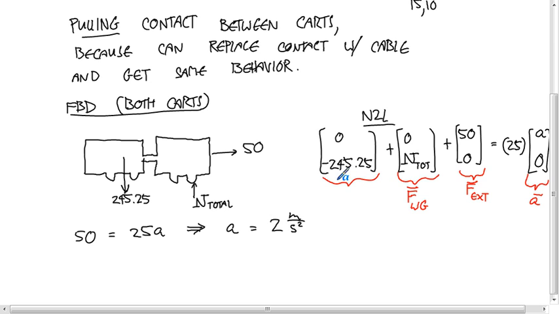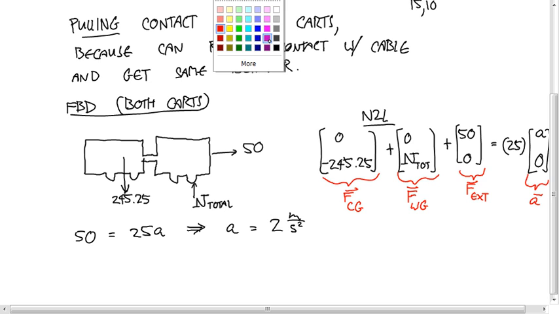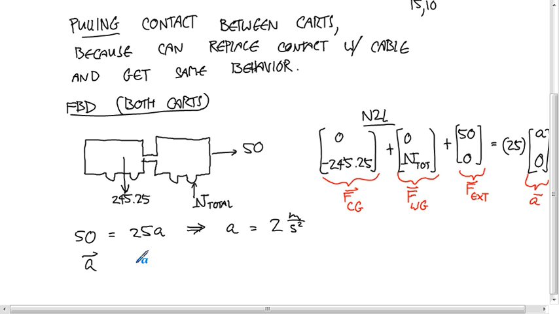And then this is the force on the carts by gravity. And so as you calculate these variables, you can just plug the values back in here to get these individual forces and this acceleration. Okay, so the acceleration vector is, plug the 2 meters per second squared into the acceleration vector here. You get 2 meters per second squared, 0.